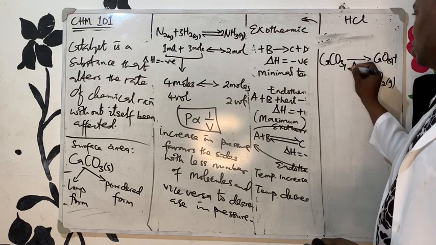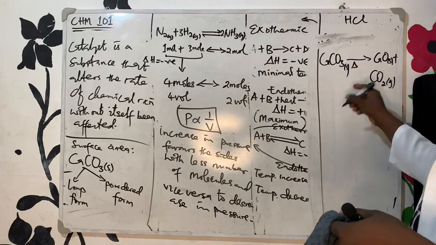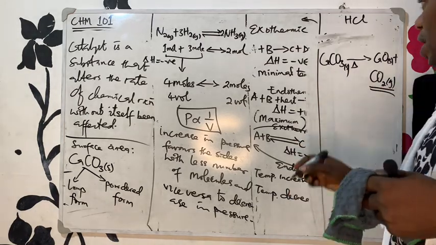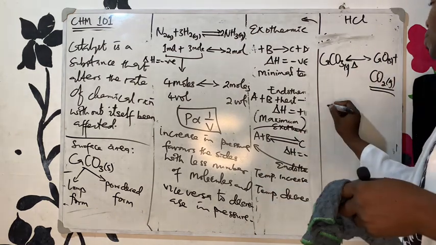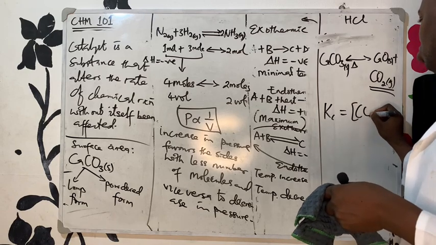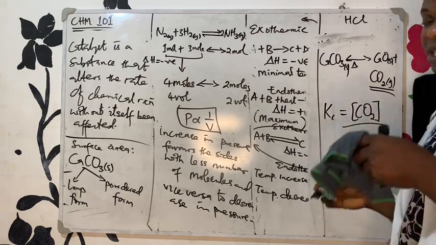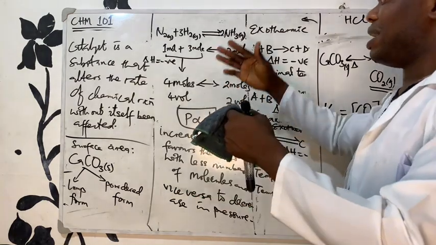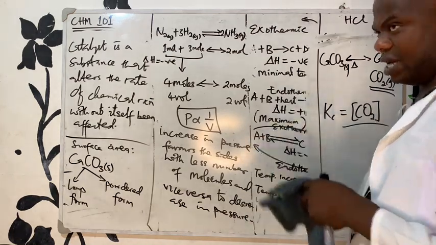This is solid. Now, the rate of reaction here is measured with respect to the formation of CO2. And that is why, if this is an equilibrium reaction and they ask you what the equilibrium constant Kc is, Kc is only the concentration of CO2 because that is a gas. Kc is only expressed for aqueous solutions and gases. So these are matters that we need to know when we talk about factors affecting rate of reaction.